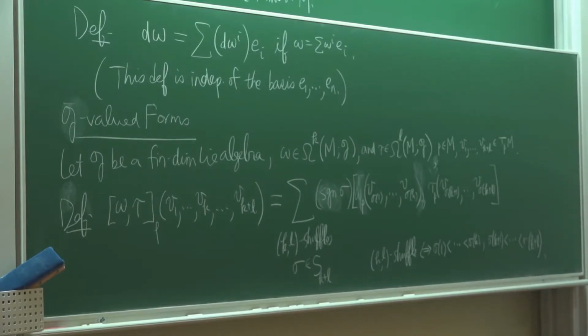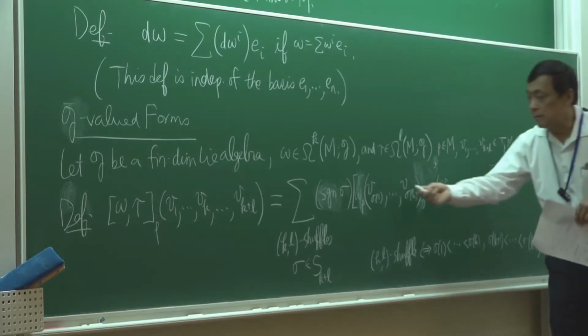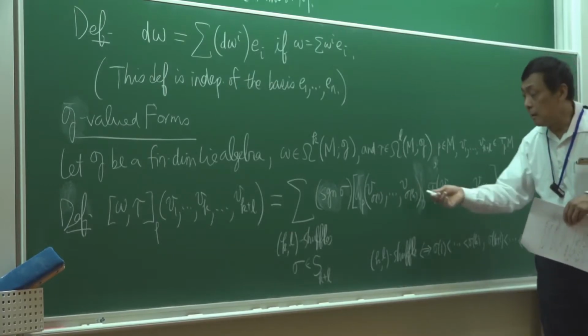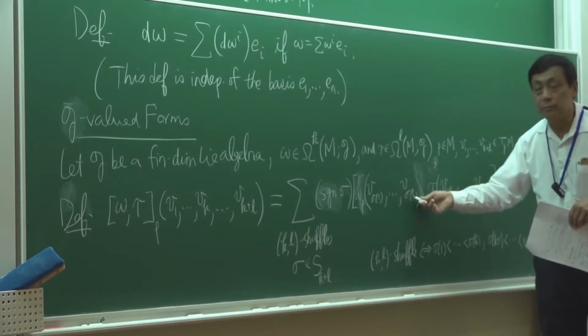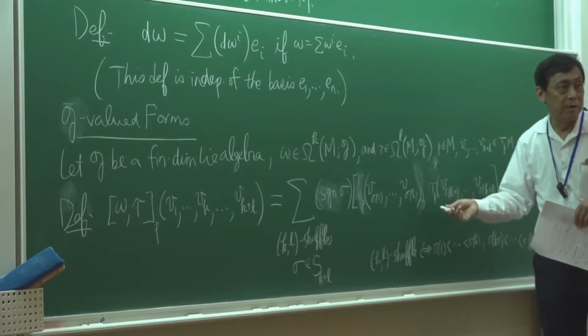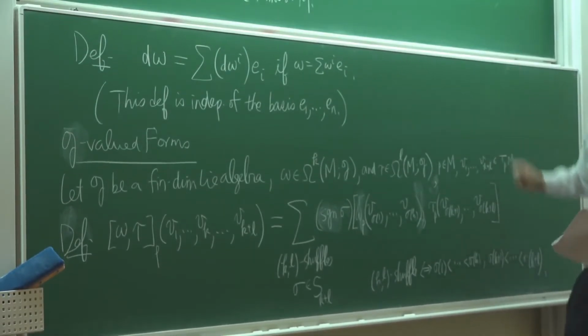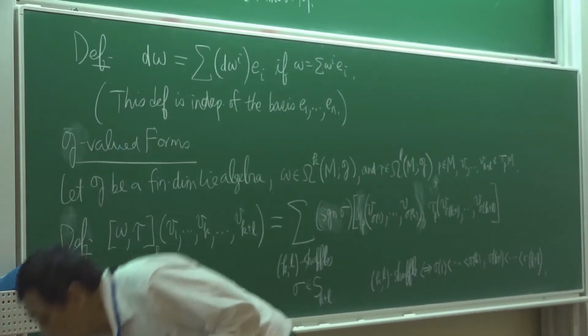So it's exactly the same definition as the wedge product, except instead of the product of two real numbers, now you have the bracket of two elements of the Lie algebra. So that's the bracket.